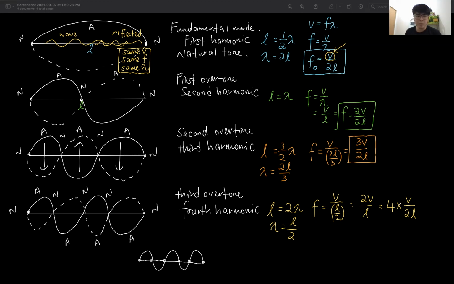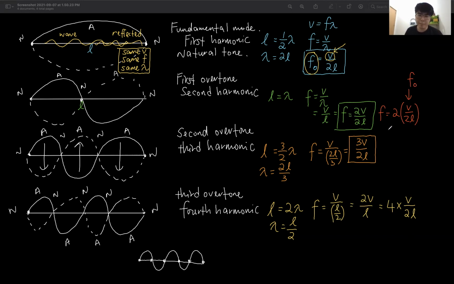Okay, so why do I want to make it like this? Because there is a pattern that you will see for all these vibrations. From the first one, the fundamental frequency, the basic frequency, is V over 2L. For this one, I can express like this. F equals to 2 V over 2L. What is this? This is your fundamental frequency.